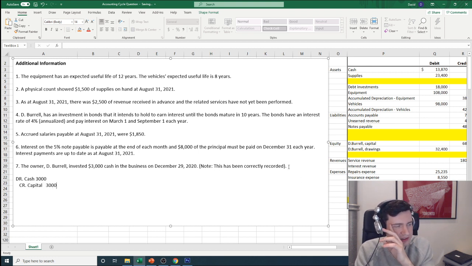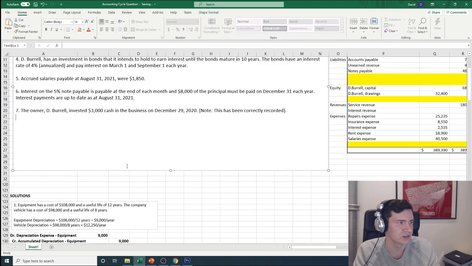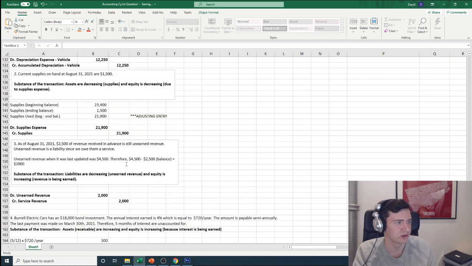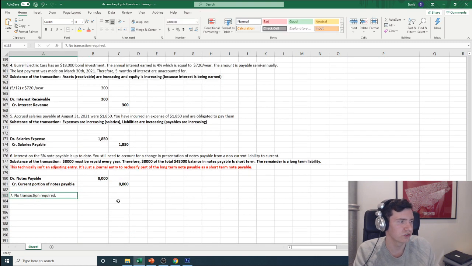But the thing is that it's already been recorded correctly. So there's no reason why we need to create an adjusting entry, and it doesn't require an adjusting entry. So this is another one that just is meant to throw students off. It has no transaction required.